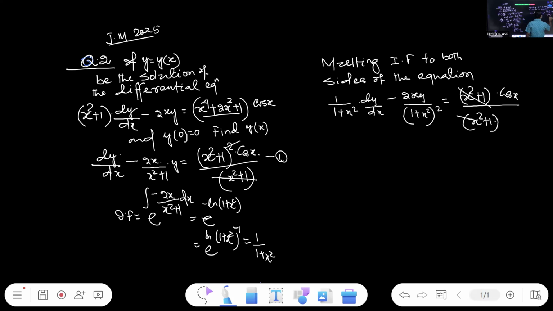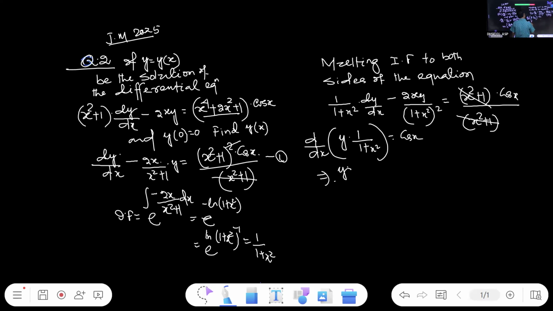So x square plus 1 and x square plus 1 cancel. After multiplication, the left-hand side of the equation will be the derivative of the dependent variable y and integrating factor, y upon 1 plus x square, is equal to cos x.